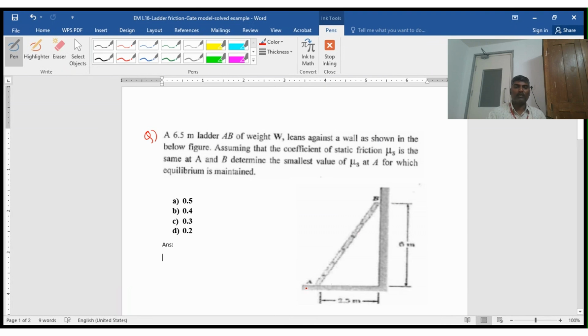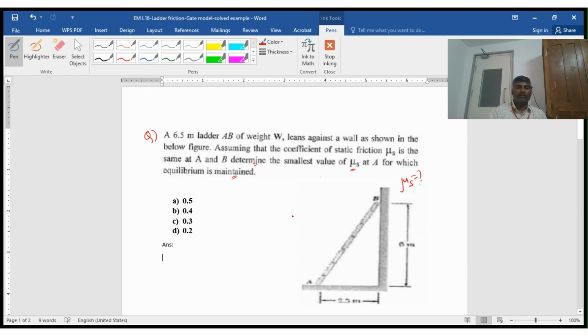Assuming that the coefficient of static friction mu s is the same at both the wall and the floor contact, you need to determine the smallest value of mu s at which the equilibrium is maintained. So your job is to find the least mu s value.